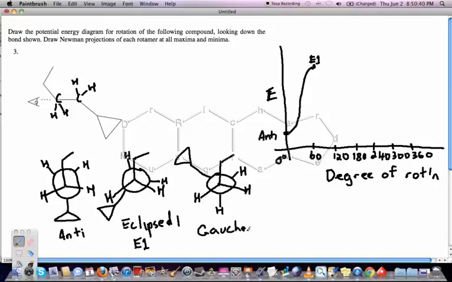It is another staggered form, just like anti is, but now the ethyl group and the cyclopropyl group are closer together. So we're expecting an energy that's not quite as low as anti, but not as high as any of the eclipsed ones. So we're looking probably in energy about here for the gauche.